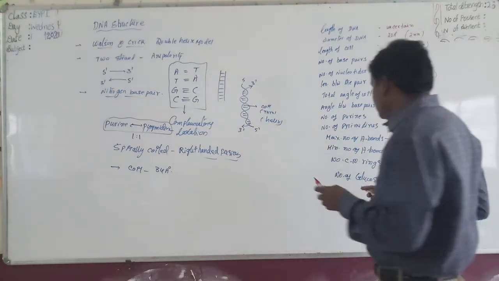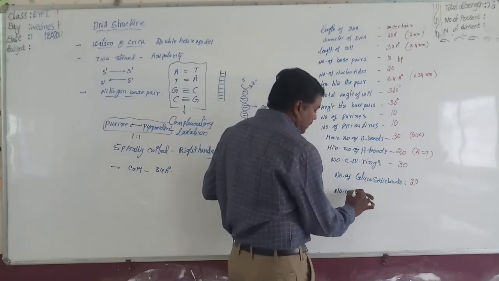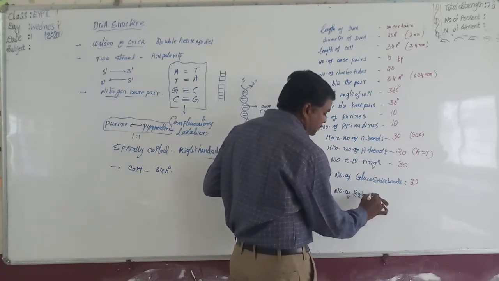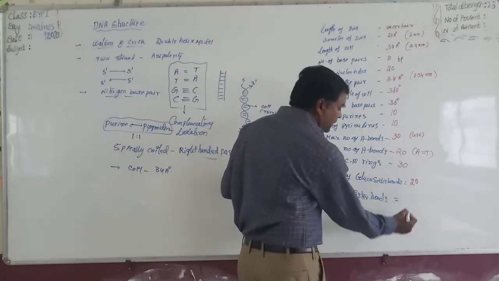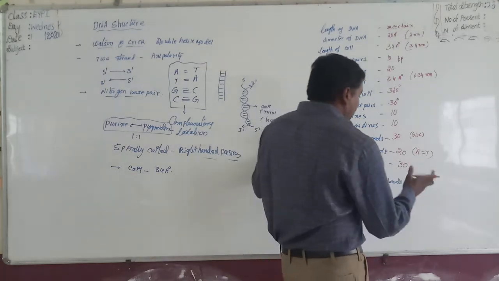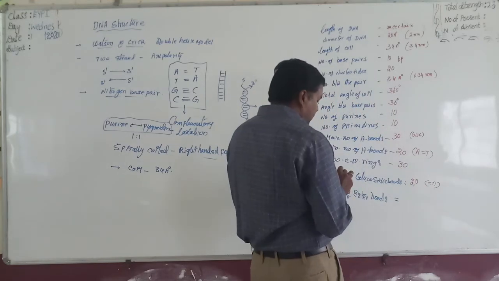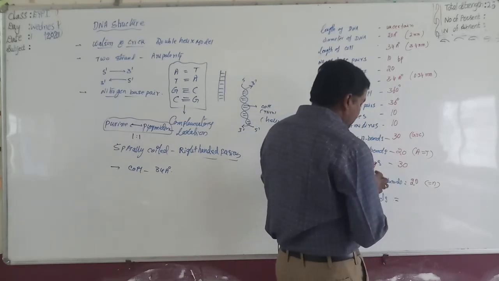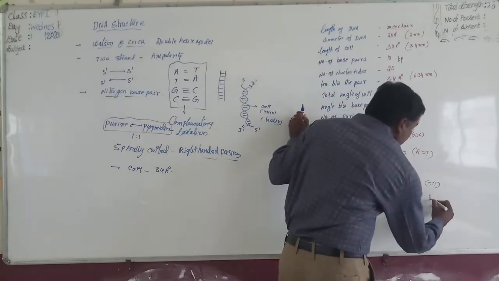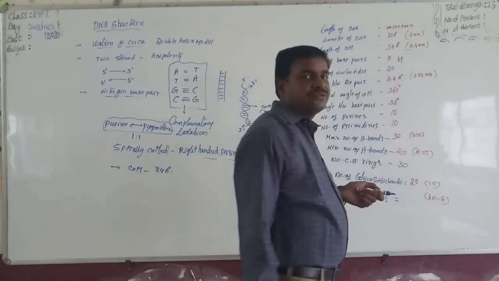And what about the number of ester bonds? What is the formula for ester bond calculation? Ester bonds equal 2n minus 2.